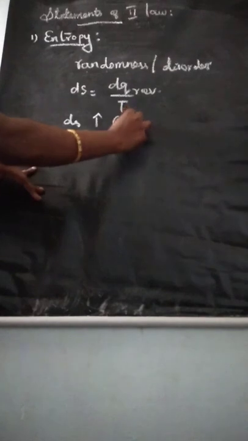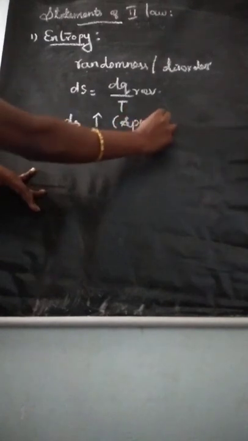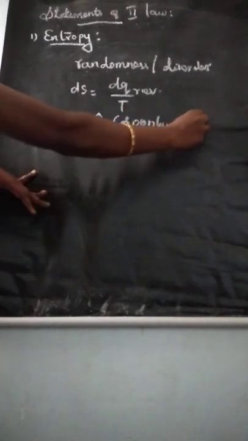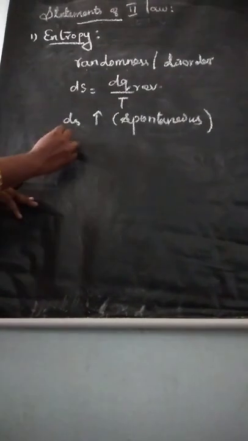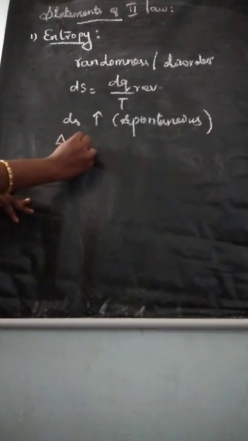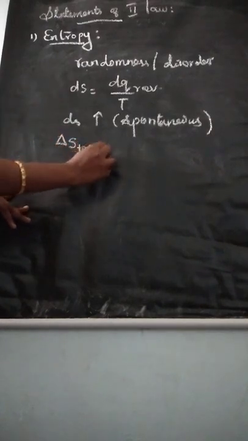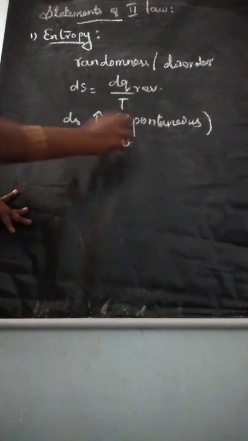Now listen. In the second law of thermodynamics, we say the entropy of an isolated system increases during a spontaneous process. So the total entropy value is greater than 0. In a spontaneous process, this total entropy value increases.